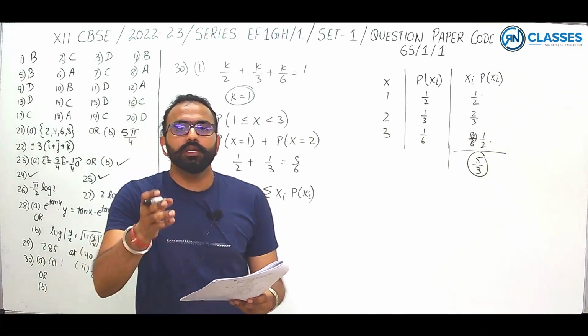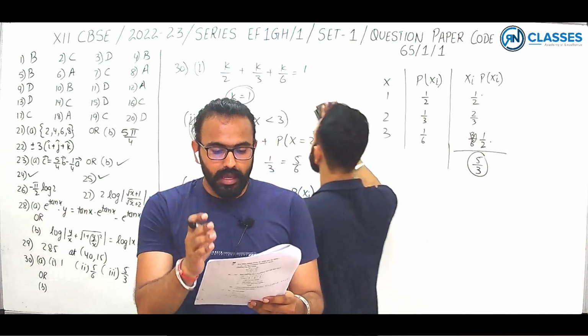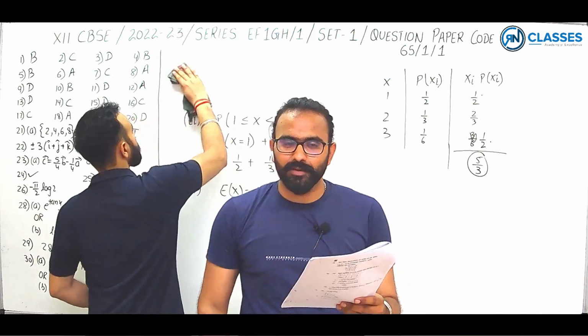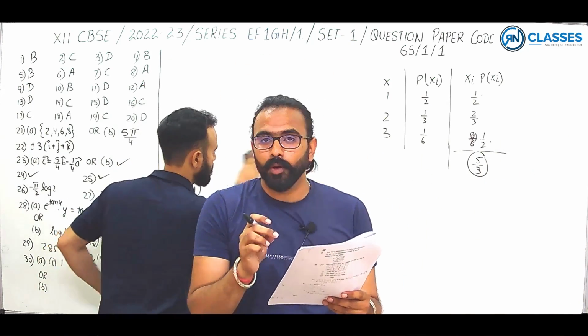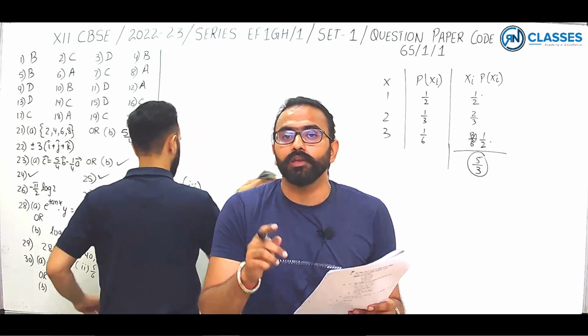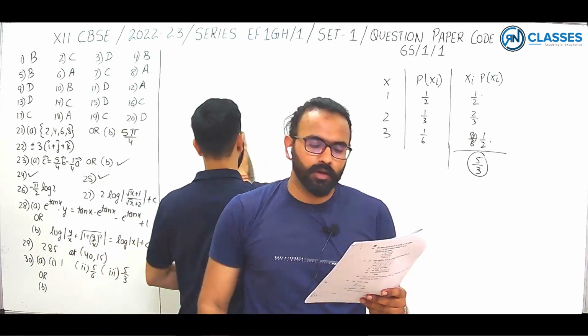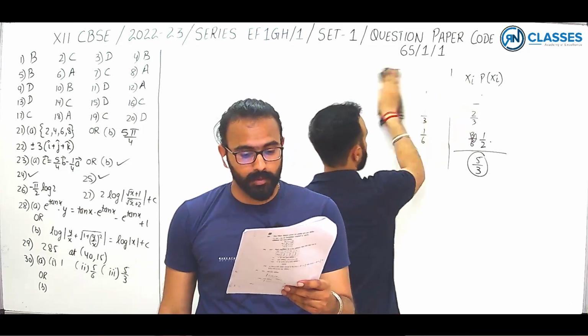Now its second part says A and B are independent events such that the probability of A intersection B complement equals 1 by 4 and the probability of A complement intersection B is 1 by 6.